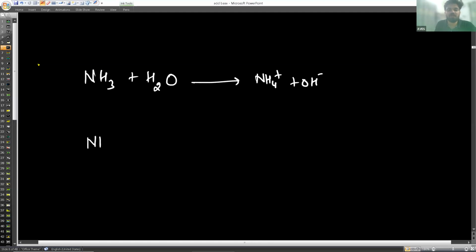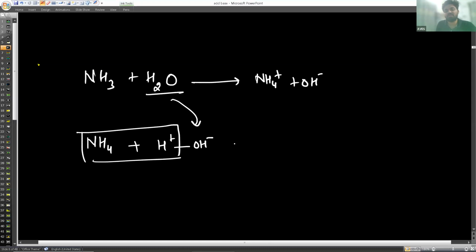Next, if I take ammonia, NH3, when added to water, it gives you the ammonium ion, NH4 positive ion, plus OH negative ion. You check that if I write water, water also has H plus ion and OH negative ion. I'm writing water this way. So it will accept the H plus ion from the water and form the ammonium ion plus OH negative ion.